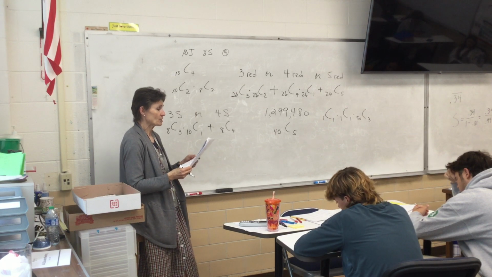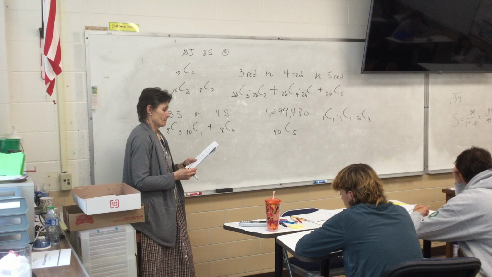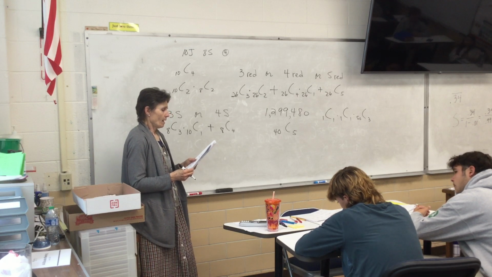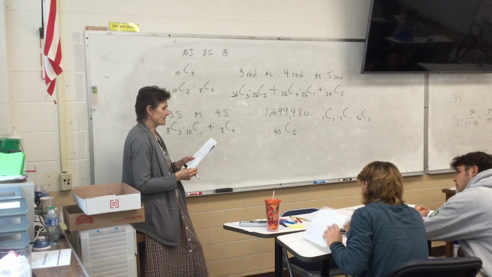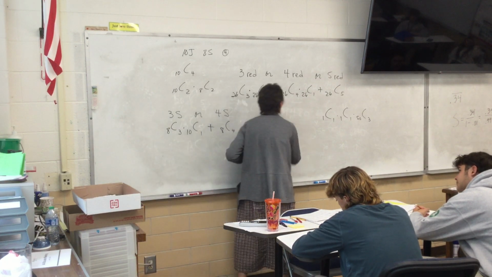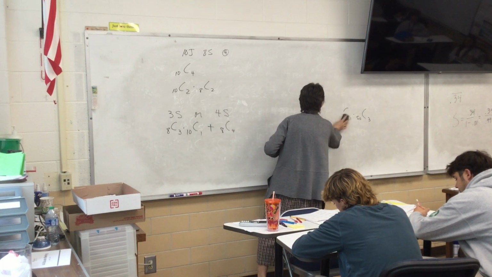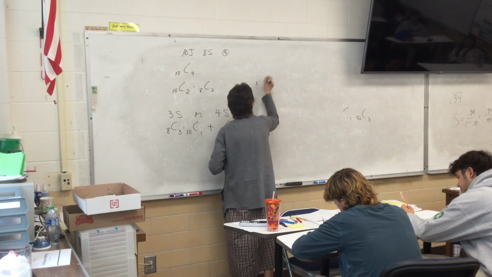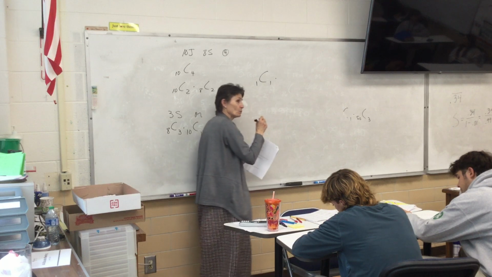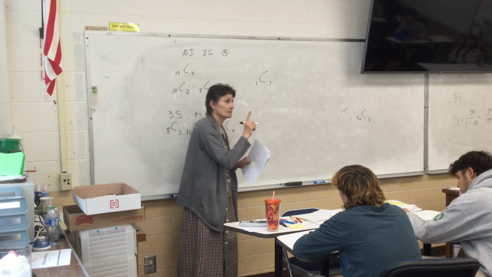Okay, we gotta finish this page, so I need everybody paying close attention. How can I make sure that Tommy is on the team? 1C1, right there's Tommy. And then how many more people do I need to pick? 3.